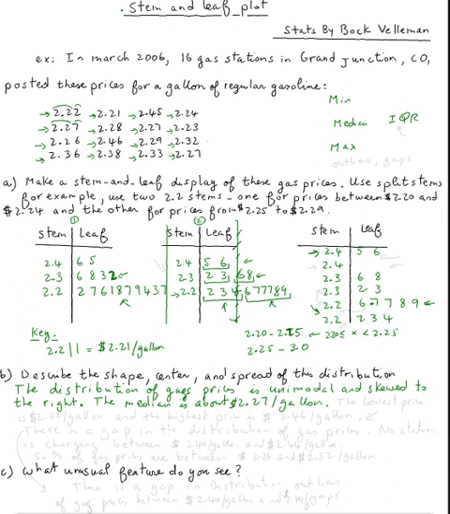The lowest price is right here, $2.22 per gallon, and the highest price has to be right there, last number, so $2.46 per gallon.